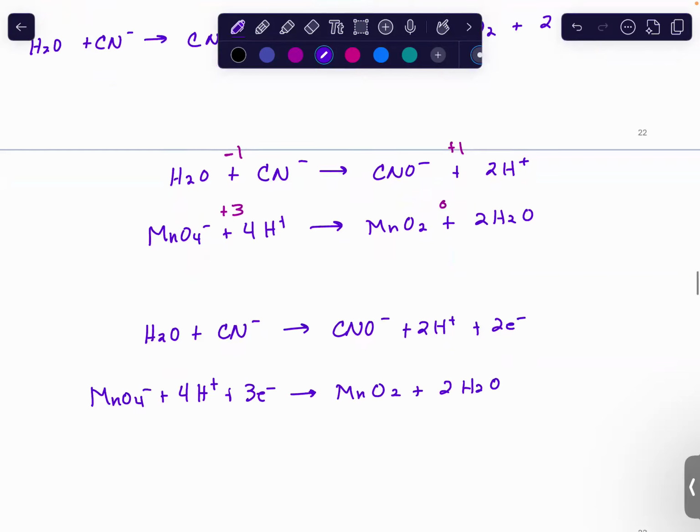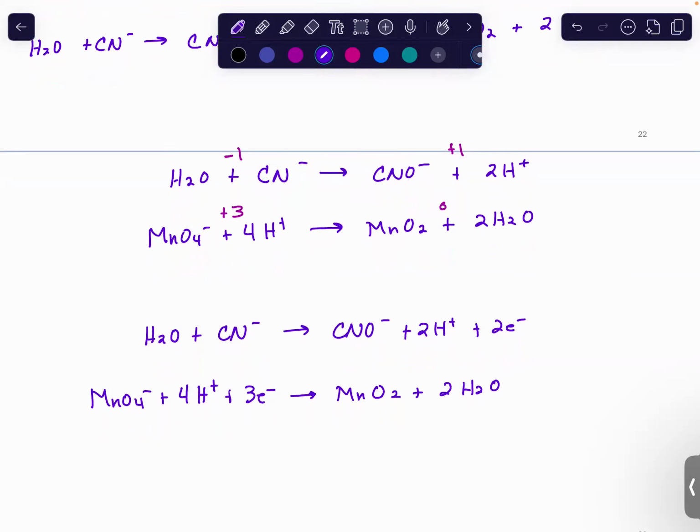Now I need to scale the electrons. Where are they going to meet at? 6. I need to multiply the first equation by 3, the second one by 2.